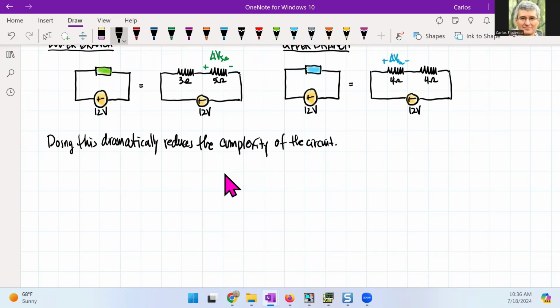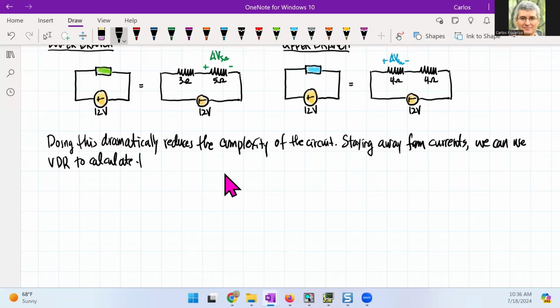So, staying away from currents, we can use VDR to calculate these voltages.